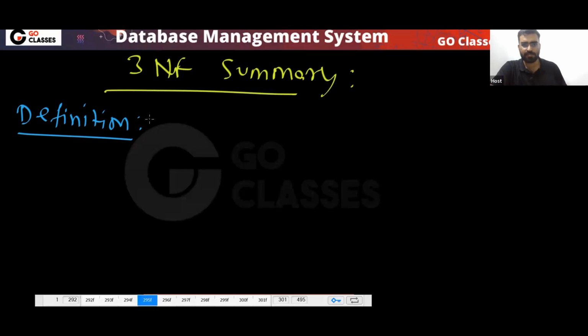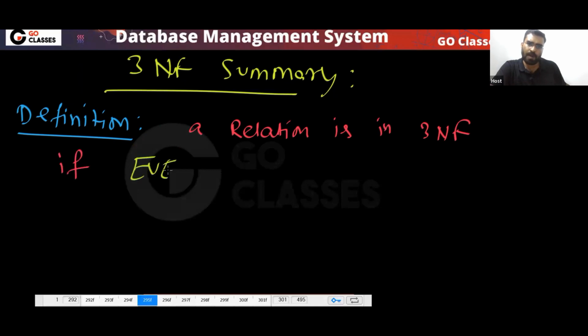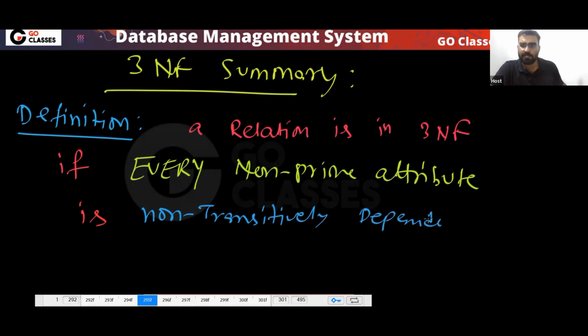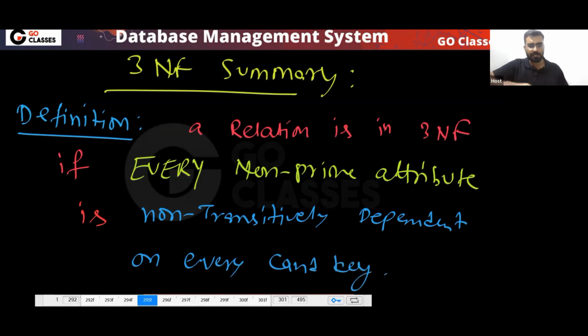The definition is very simple: a relation is in 3NF if every non-prime attribute is non-transitively dependent on every candidate key. Is this clear?